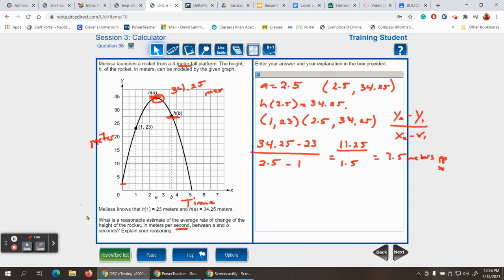All right, so looking at the graph, right? If I take a look at the graph, there is that one there. This is my maximum, right?